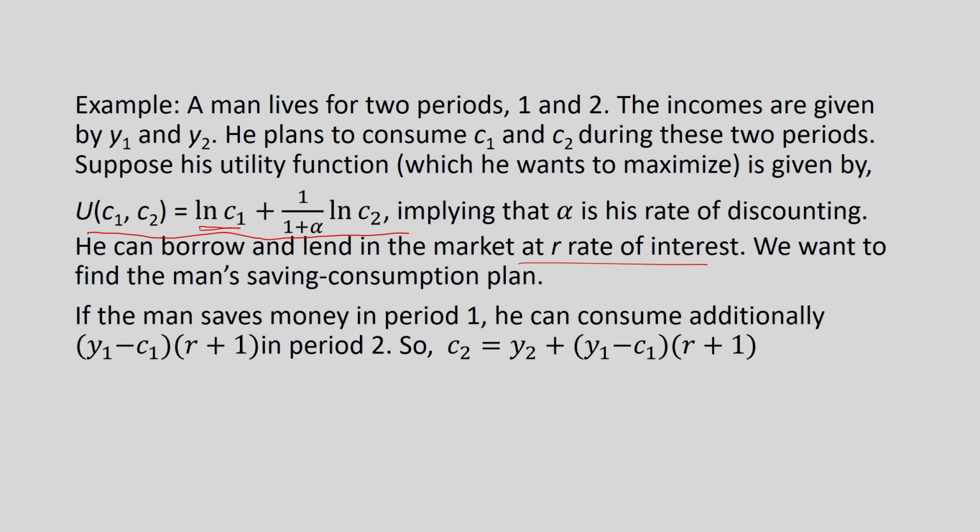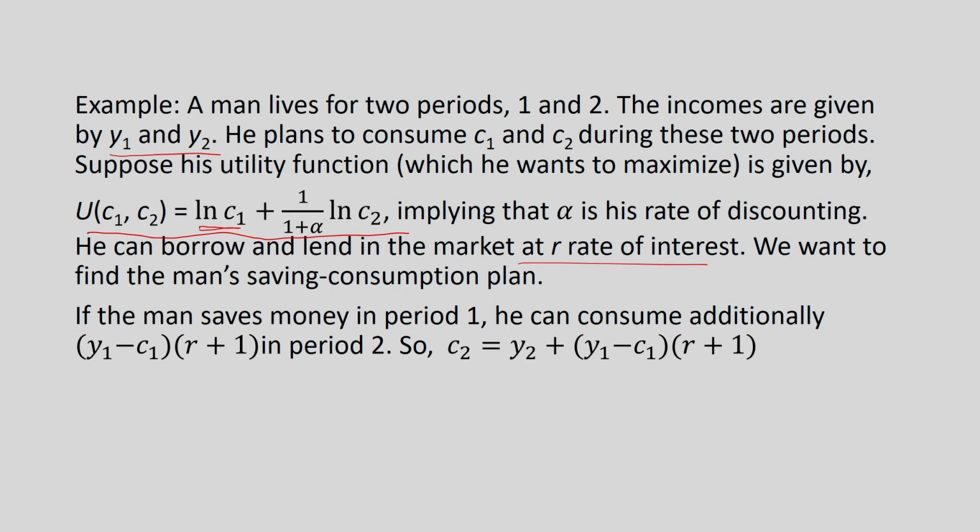That means, if these are the incomes Y1 and Y2, and this is the utility function, and R is the rate of interest, then how much will he consume in the first period and how much in the next period? What is going to be the optimal C1 and C2? That is what he is controlling here.